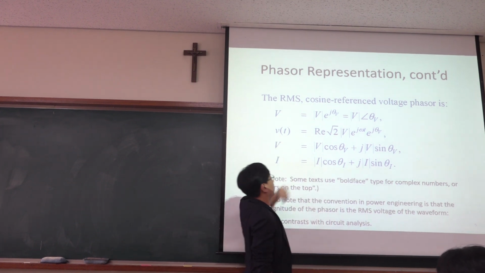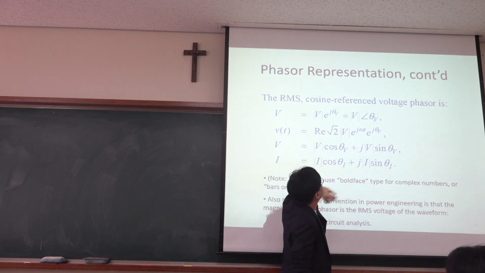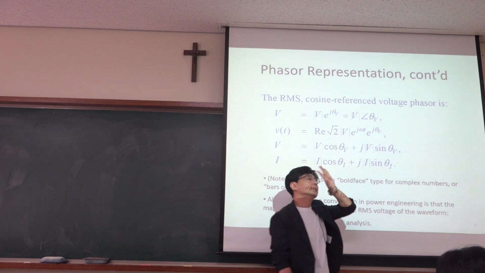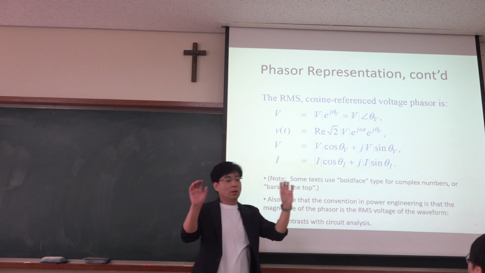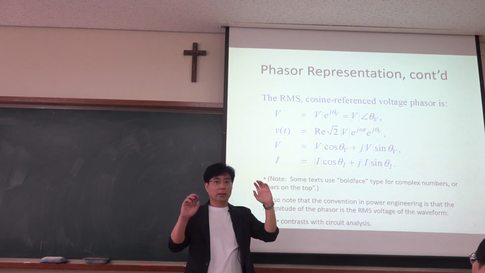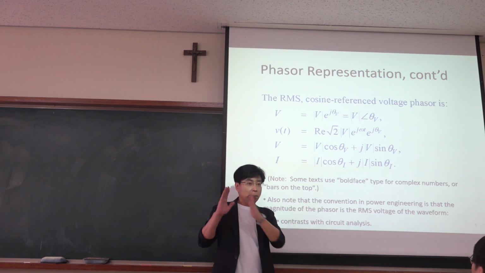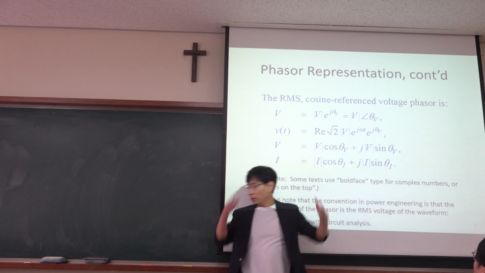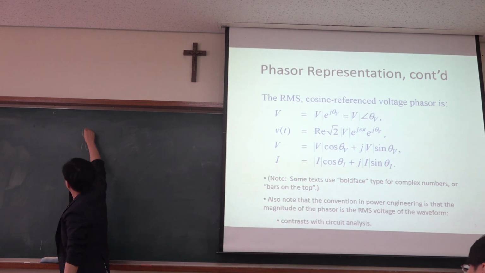The instantaneous voltage is again the real part of that. Regarding amplitude versus magnitude, I want to use these two terms differently. Amplitude is the amplitude of the sinusoidal wave, and magnitude is for the phasor. So this is V max.